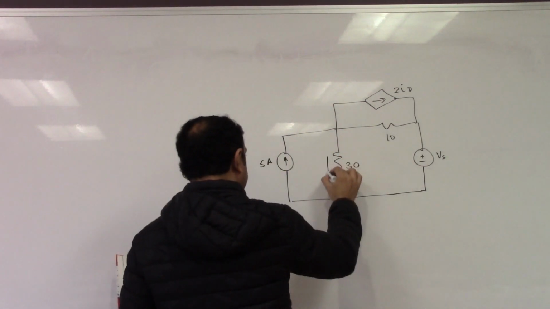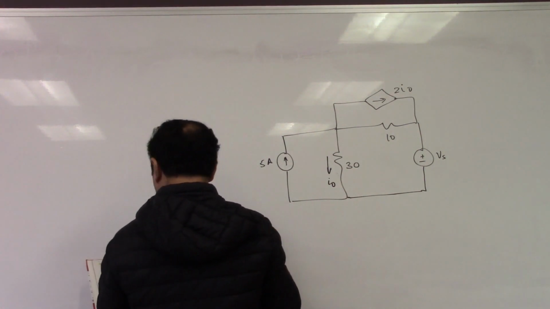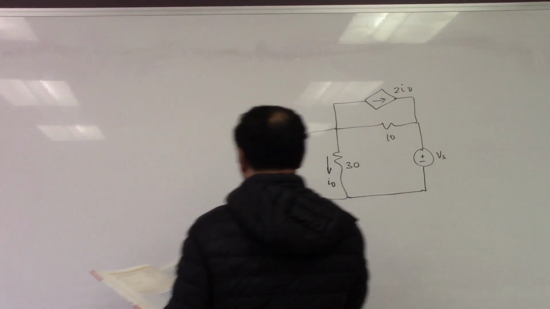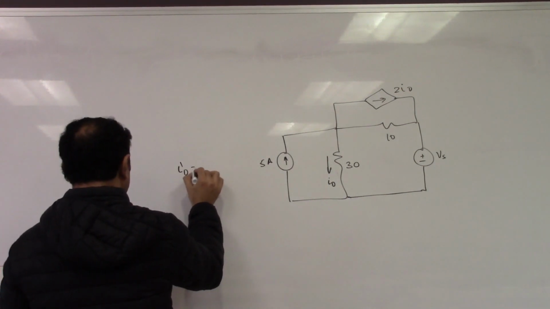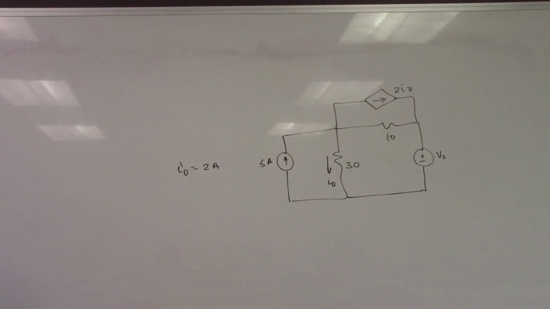This was the current I0. And I0 is equal to, if I remember, 2 amps. Okay. If I0 is 2 amps, calculate the Vs, find Vs and power absorbed by the sources.